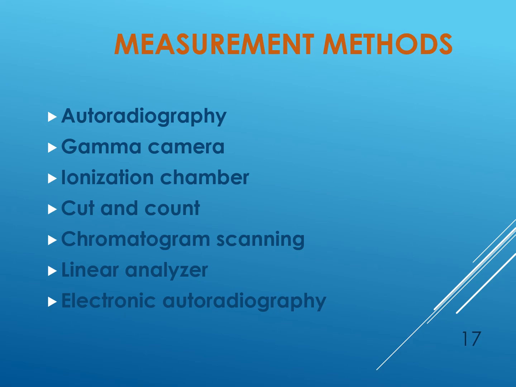These are all the main detection systems used in radiochromatographic separations to analyze different radio-labeled compounds based on their detection limits. So these techniques are used as detection techniques to analyze different components or different radio-labeled isotopes or compounds used in radiochromatographic separations.